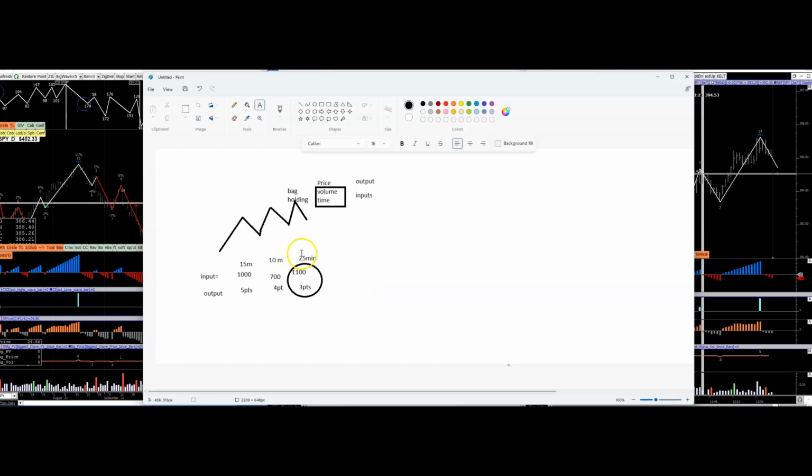So here again, you see the most amount of input in terms of time, but the least amount of output in terms of distance, right? So a lot of input, but not a lot of output. And that could be in terms of volume or time. Now, why is that the case? Well, it's because of bag holding.